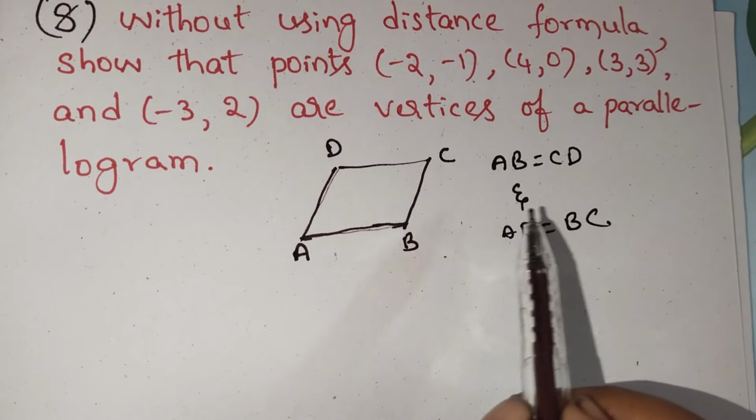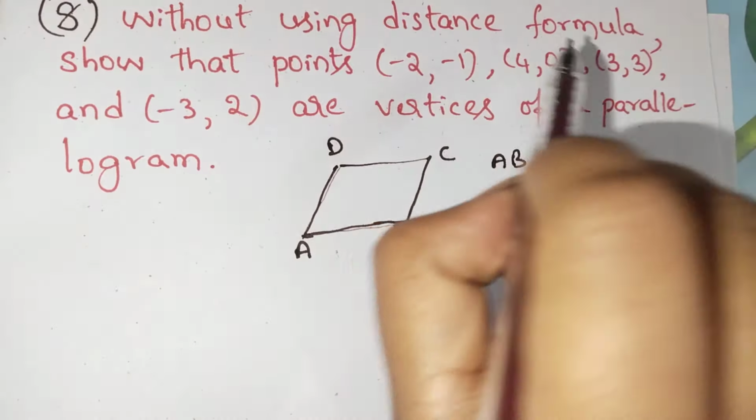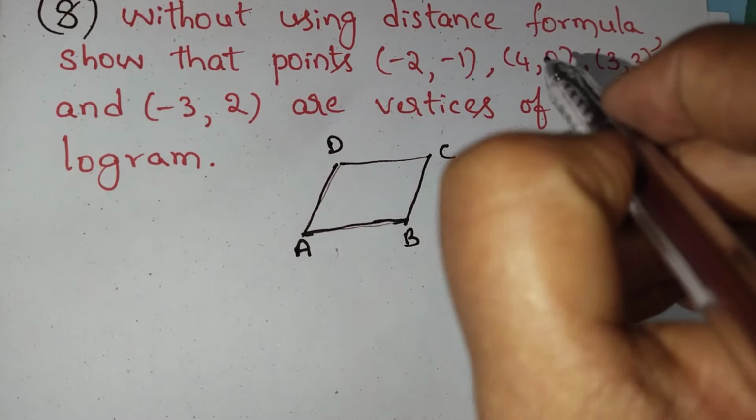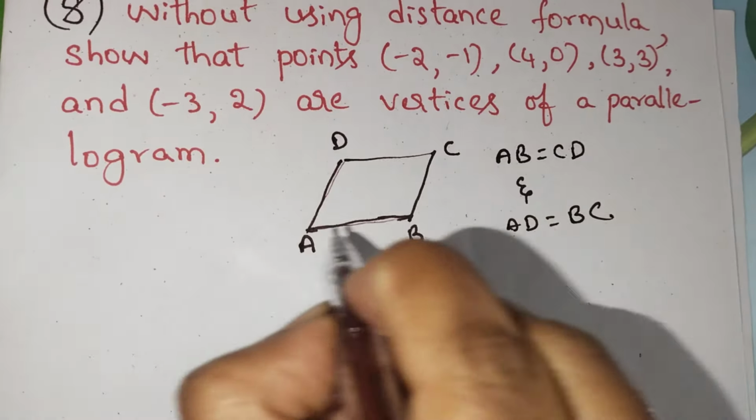When these opposite sides are equal, then it is a parallelogram. So how can we show opposite sides are equal? They said here we can't use the distance formula. So if we can't use the distance formula, one more method is the slopes of these points.